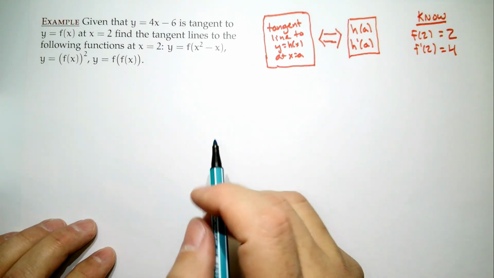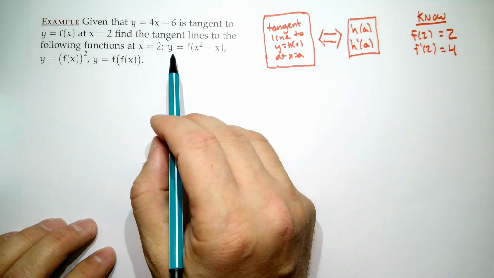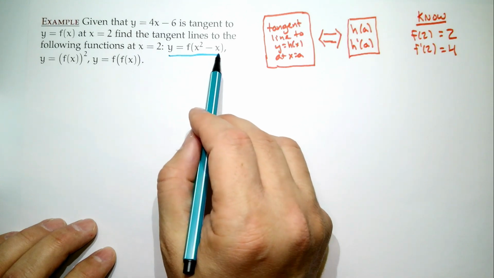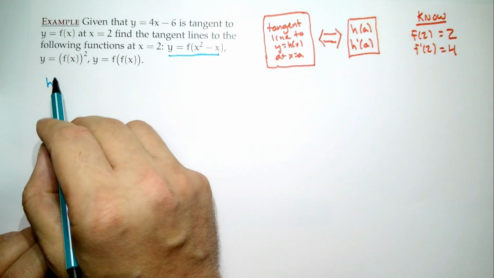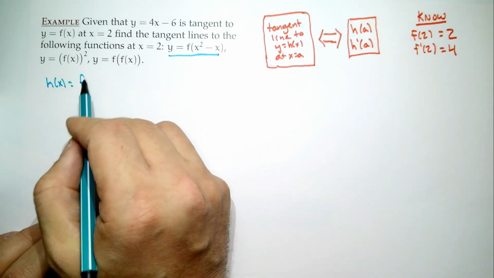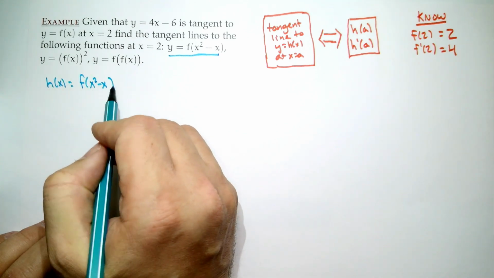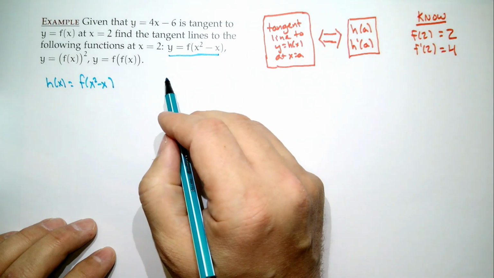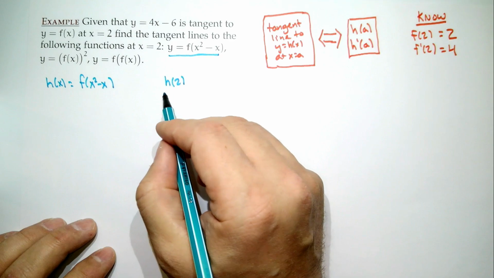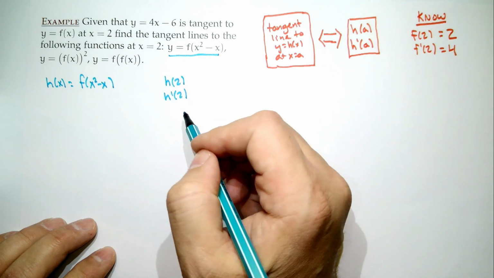All right, so let's do this. We have 3 functions. So let's start with this function here. I'm going to call my function h of x, f of x squared minus x. And if I'm after the tangent line, what do I need? Well, I need to know what is h of 2 and what is h prime of 2.